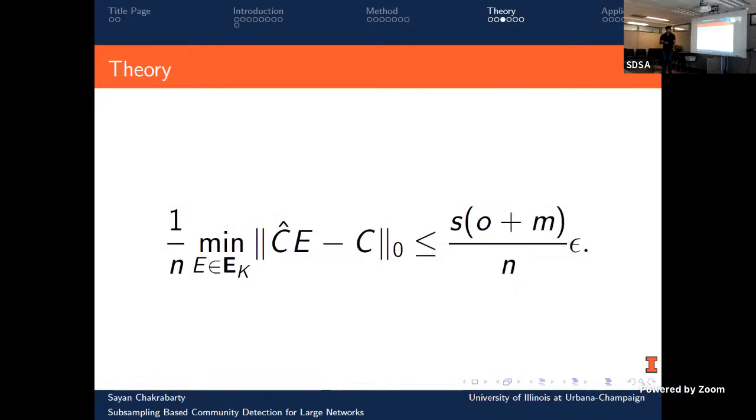And under those 2 assumptions, we can show that the entire error rate can be bounded by this quantity, where epsilon is the error rate on each of the subgraphs, S is the number of subgraphs, O plus M is the size of each subgraph, and n is the size of the entire network. So this is like the proportion of the total number of nodes used in the process to the total number of nodes in the network, times epsilon.